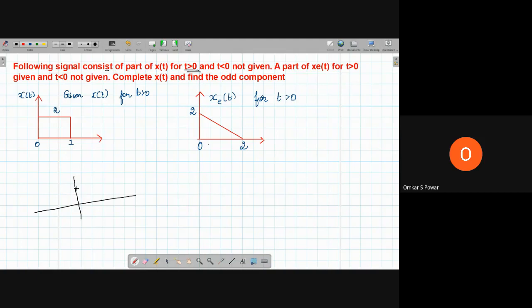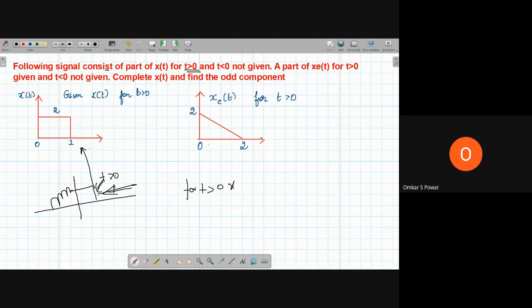That signal might be something like this and like this, and they are saying the following signal consists of a part of x of t for t greater than 0. So for t greater than 0 they have given the part of x e of t, the even part of this signal.